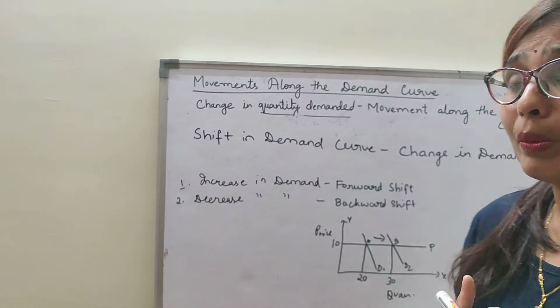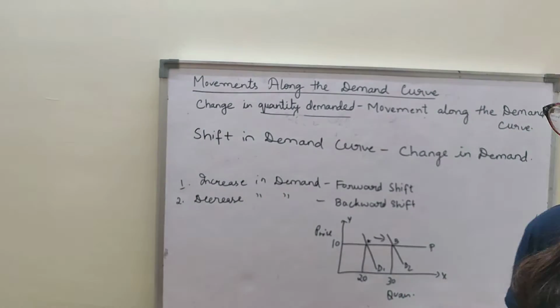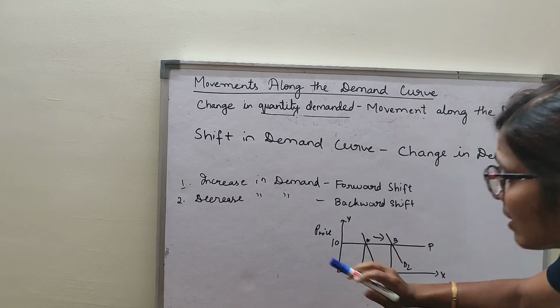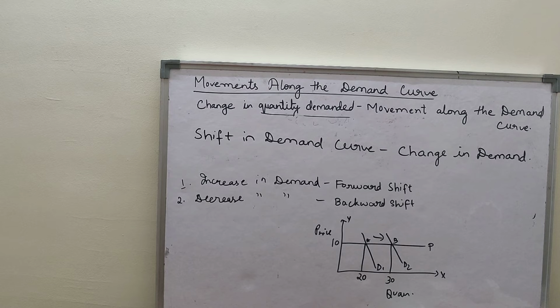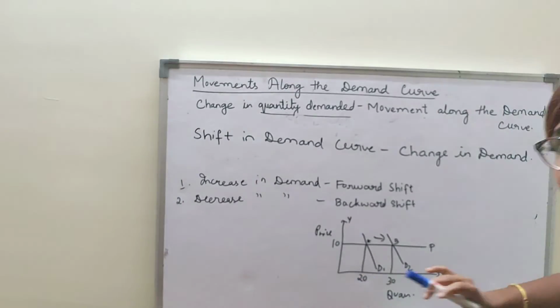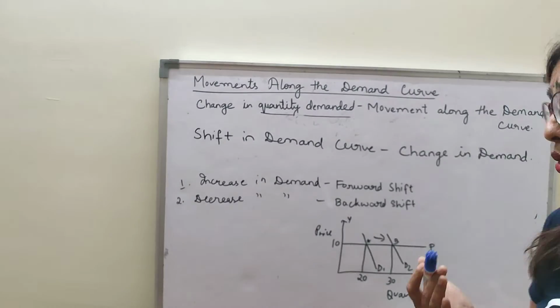There are many reasons that the consumer decreases the demand. So it is the backward shift. Again I am repeating, when the price of good X is rupees 10, consumer demanded 30 units. But when the price is constant, consumer demanded 20 units now. So this means due to decrease in their income or loss of taste.